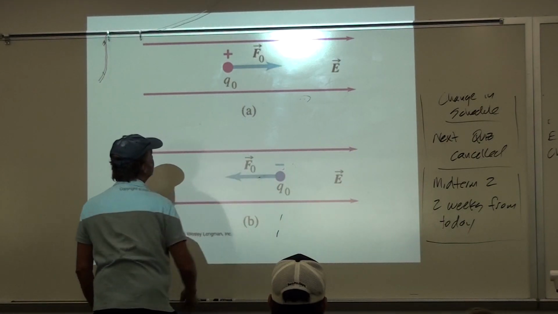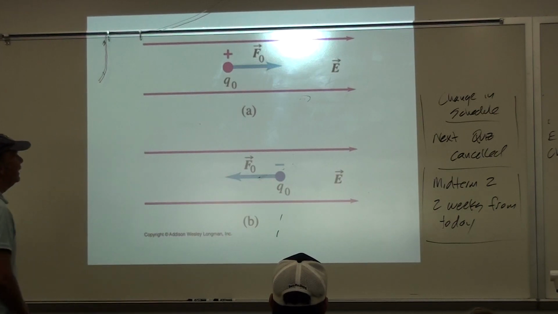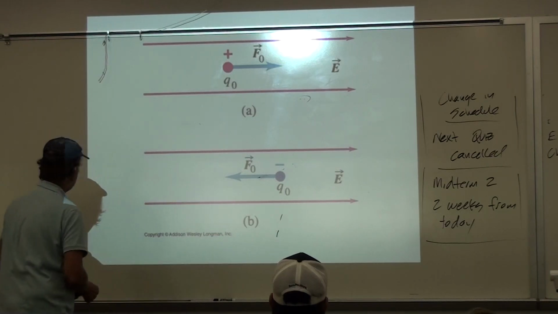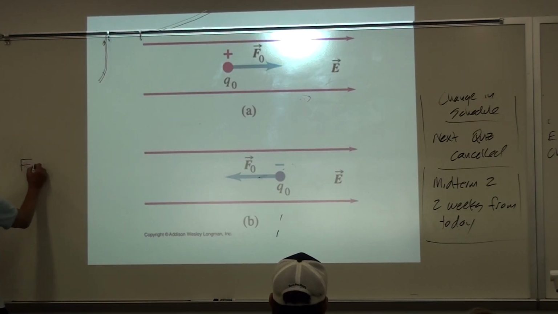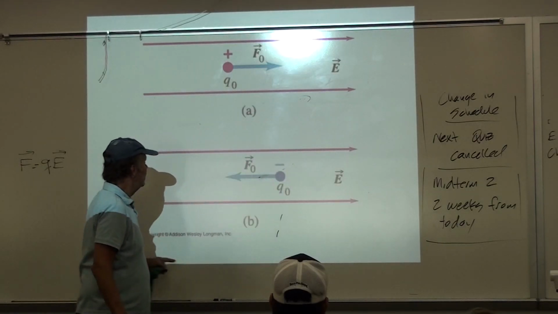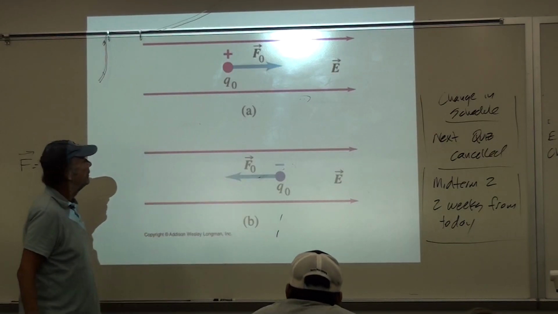The force on a positive charge will be to the right. Force on a negative charge will be to the left. And so we know that F is QE. That's a very basic, important relationship. So a positive charge means that F and E are in the same direction. A negative charge means that F and E are anti-parallel.